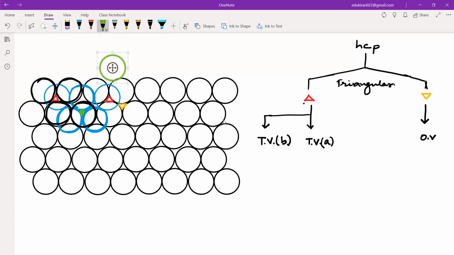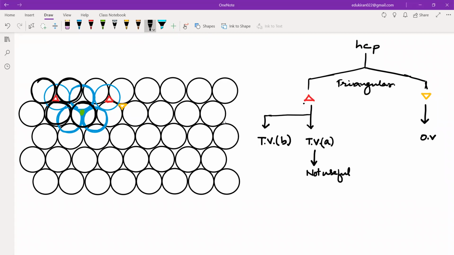Because the blue layer is the second layer, and the black one is the first layer. When I want to put an atom on this particular void, I am putting atoms on atoms. All of you can see that, yes or no? Yes. That is why this is not a useful part.